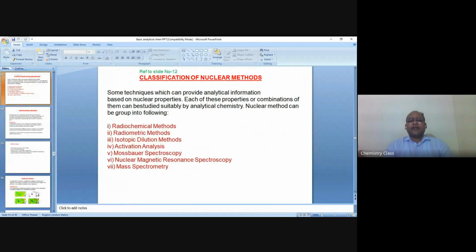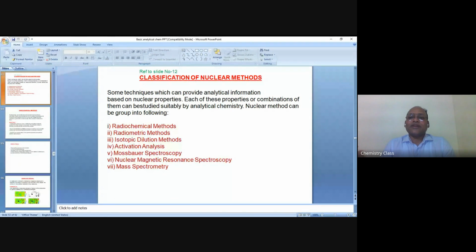Now, the next method of analytical chemistry is the classification of nuclear methods. The name tells something: nuclear methods are associated with radioactive elements, or the presence of radioactive decay.